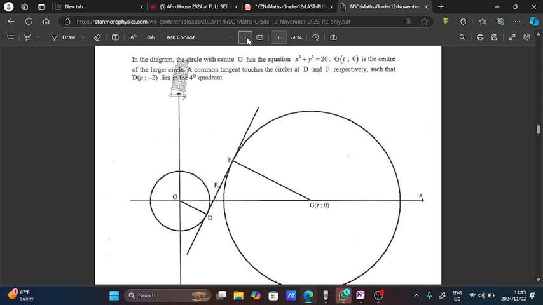So that is the smaller circle, centered at O. And G is the center of the large circle. The common tangent touches the circles at D and F respectively, such that D, having the coordinates p and minus 2, lies in the fourth quadrant. Fourth quadrant is fine.